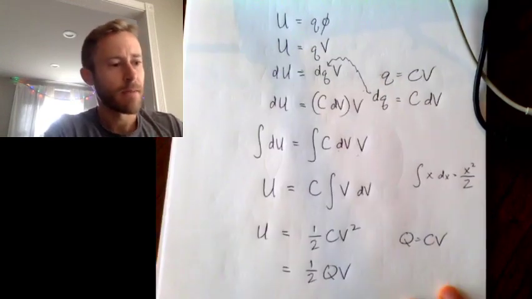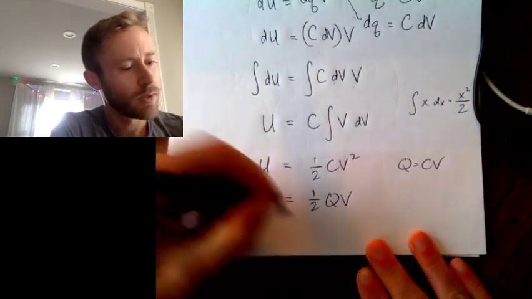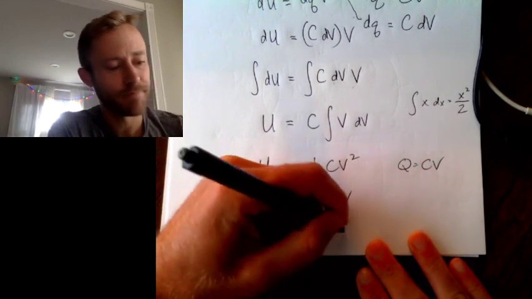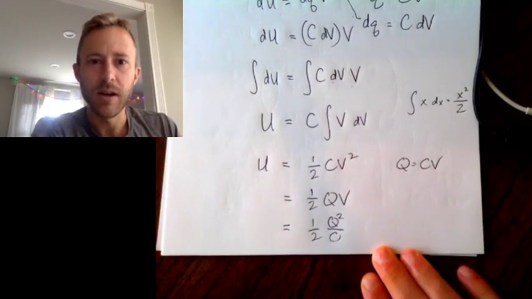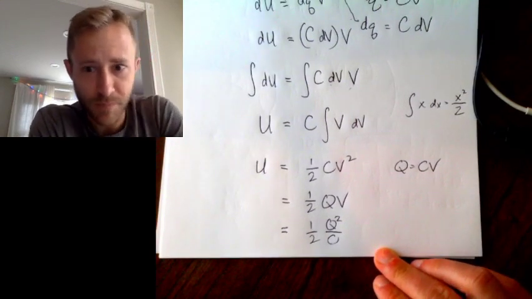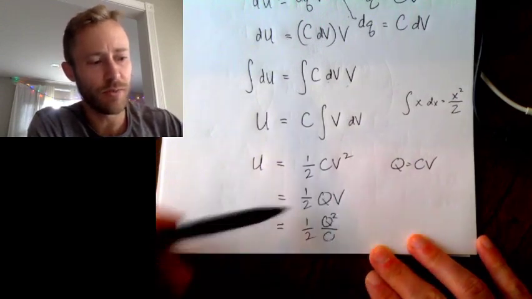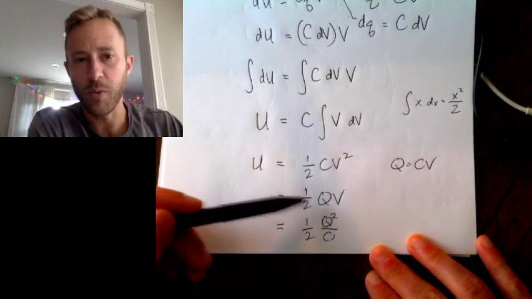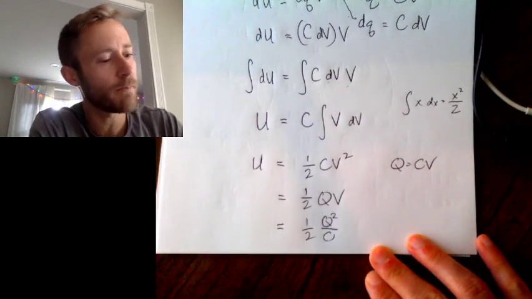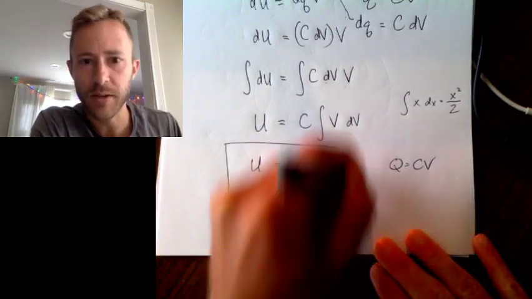Or we could write it as 1/2 Q squared over C. I leave it as an exercise to the viewer to get these two forms of the equation by plugging in the defining equation for a capacitor. All right? So, boom. These are our key equations for today.